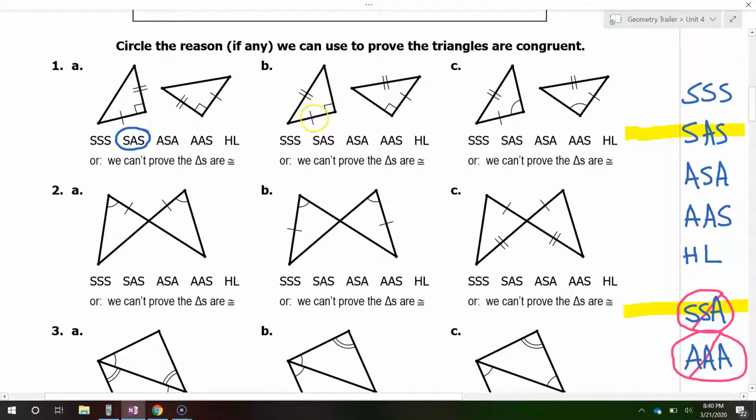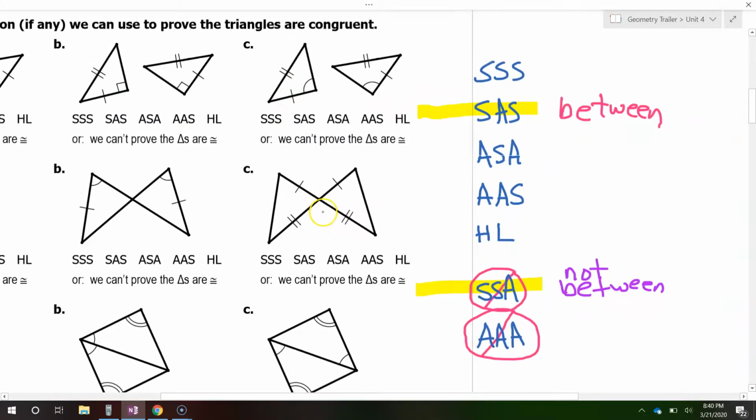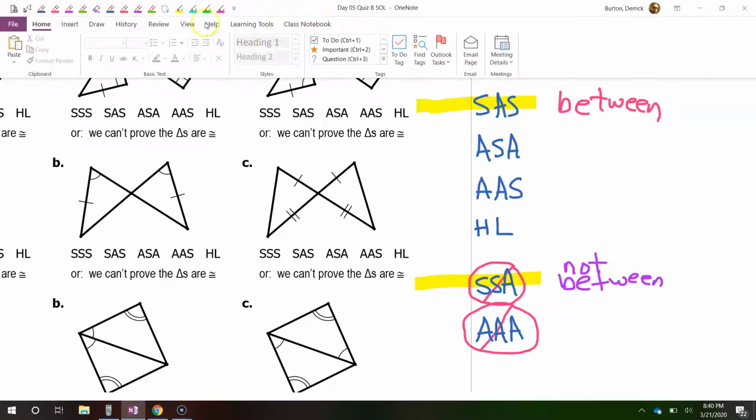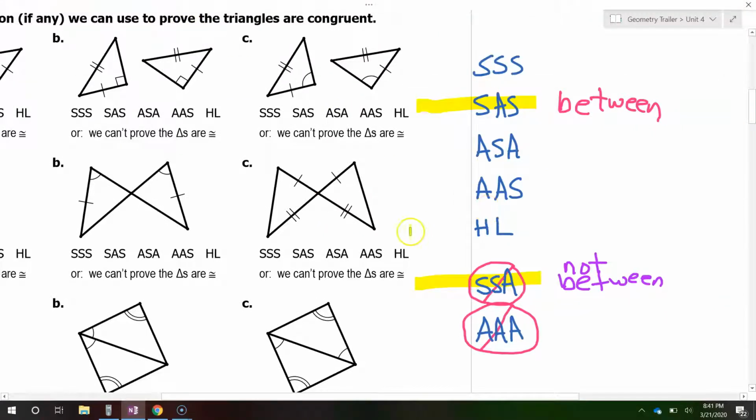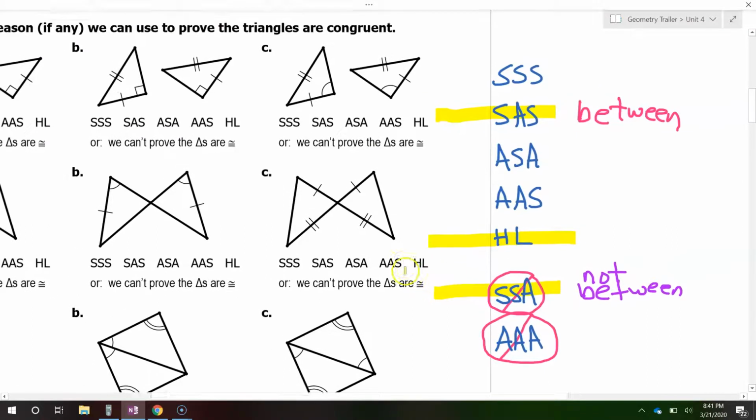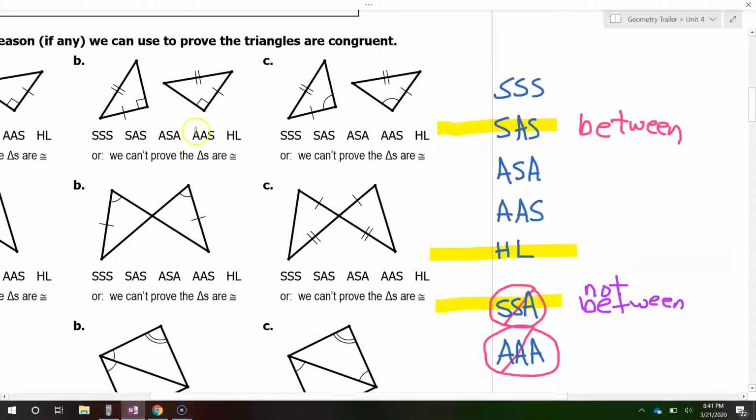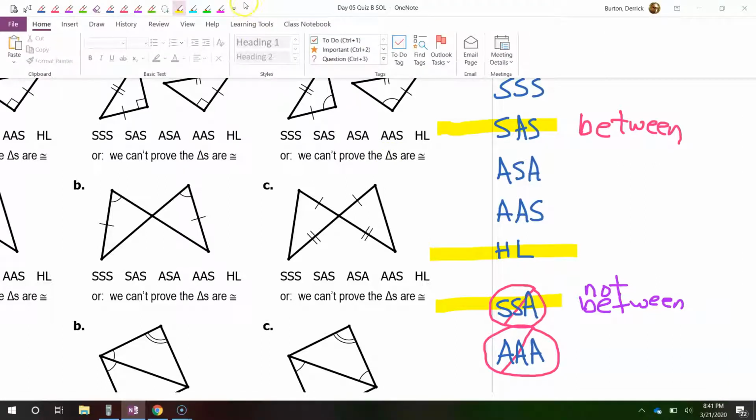Okay, what about B? For B, I see that again we have 2 sides and an angle. So again, when you have 2 sides and an angle, these are the 3 possibilities. Start with hypotenuse leg. It is a right triangle, so maybe, where's the hypotenuse, people?